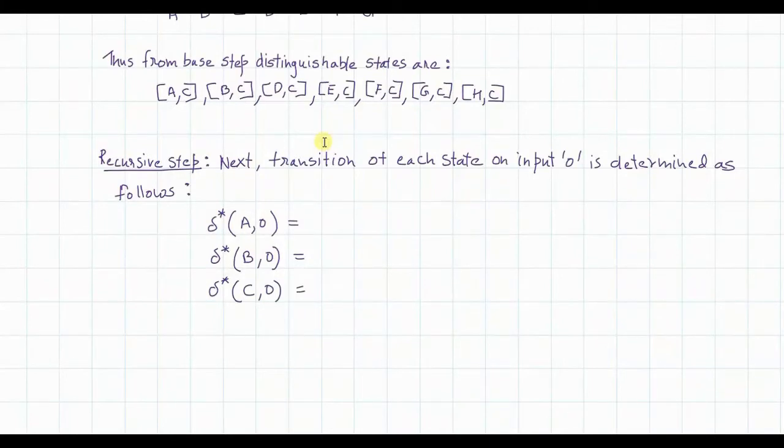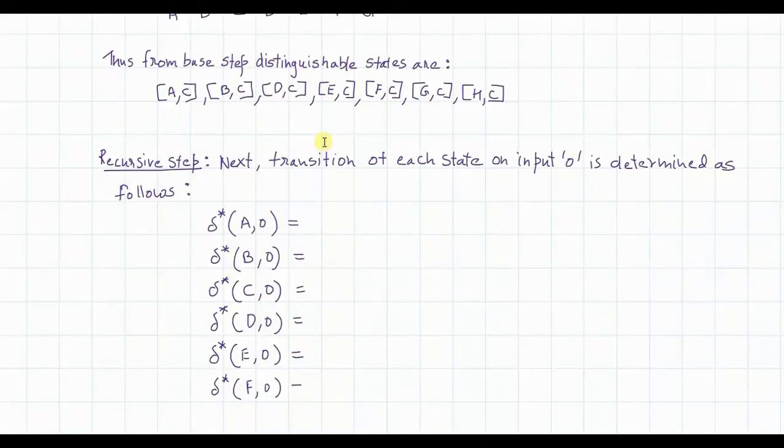Then we will see delta star of state D on 0, delta star of state E on 0, delta star of state F on 0.